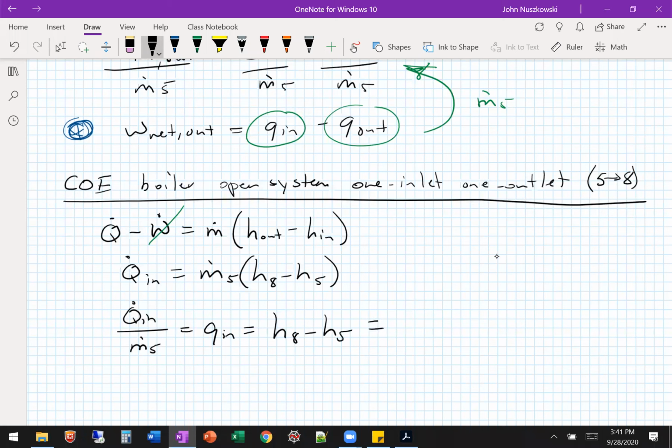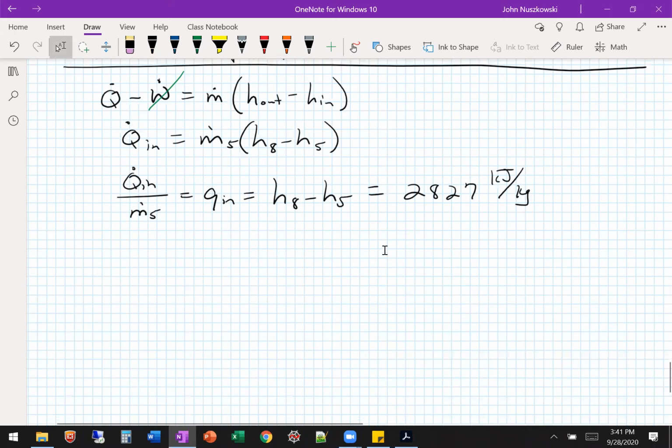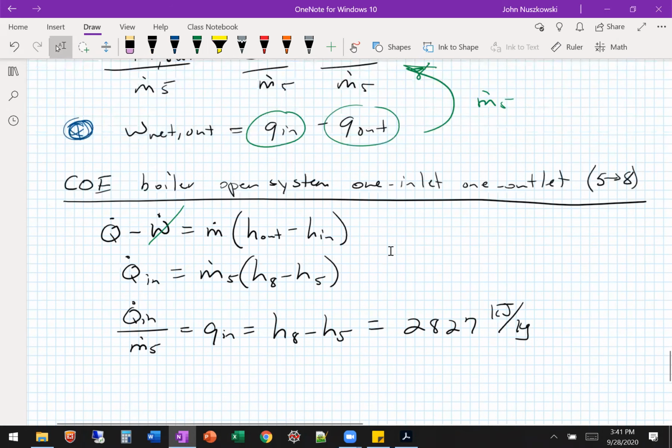Divided by mass flow rate 5, that's our q in. We have H8 minus H5. We have our enthalpies. We get 2827 kilojoules per kilogram. Okay, all right, so we've knocked that one out of the park.